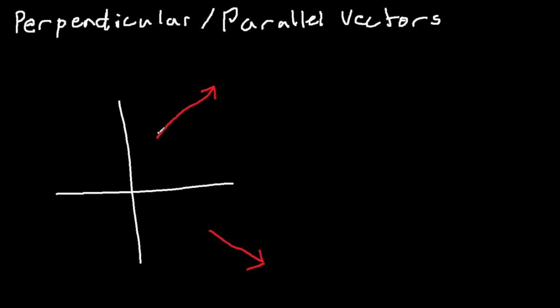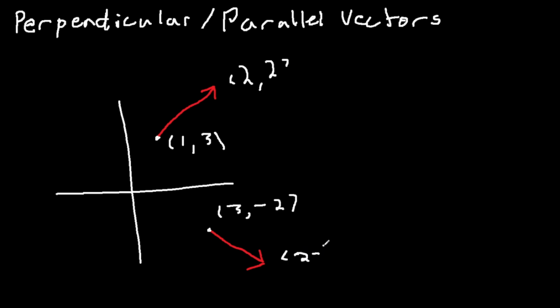And the reason why is if you start them both at the same point. So let's say this is point 1, 3. And this is 3, negative 2, right? These start at different points, but what if you start these vectors at the same point? And let's actually just write the components of the vector. This is 2, 2, and this is 2, negative 2.